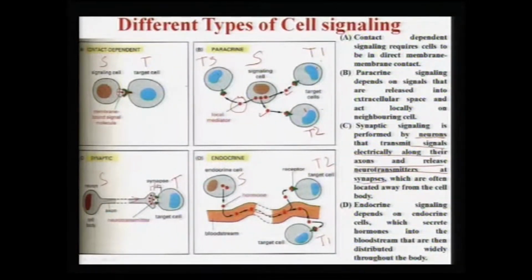But when two cells are in direct contact, you know that the signal molecule from this S cell will directly go to the T cell, just because they are physically in contact with each other. So, this is called highly specific communication. It means this signaling communication is exactly for this target cell, not for another target cell located here.